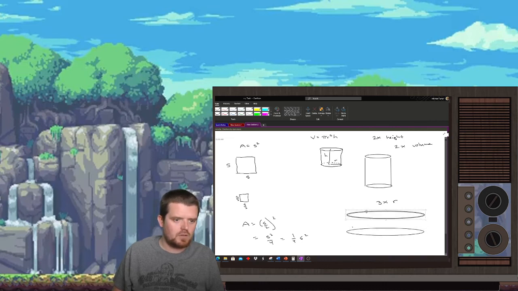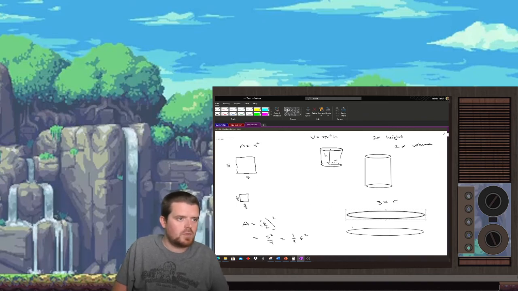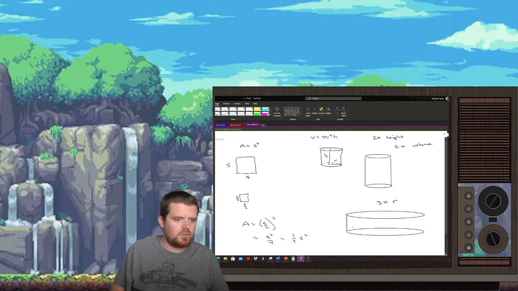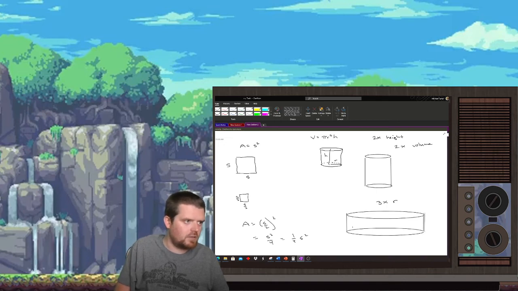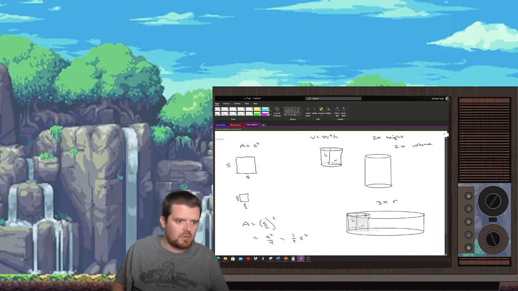But we'd have something like this, right? Going from here to here, going from here to here. And again, if I were to click and drag, roughly, my original cylinder here, right, I can fit more than 3 cylinders in here, right?